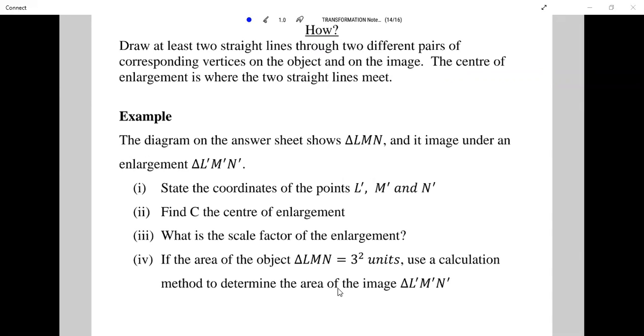You're asked to: one, state the coordinates of L prime, M prime, and N prime, which I'm guessing are in the diagram on the next page. Two, find C, the center of enlargement. Three, what is the scale factor of enlargement?